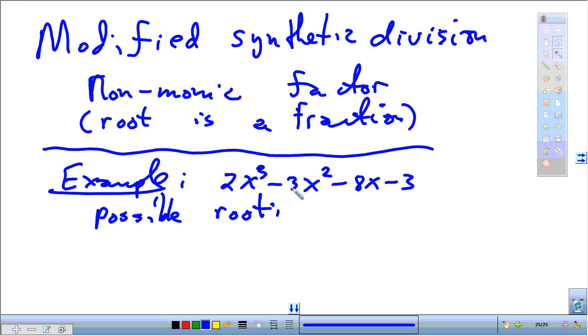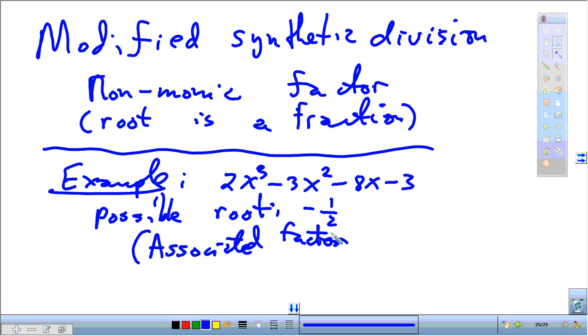So when I listed possible fraction roots or whole number roots, one of the possibilities that came up would have been minus 1 over 2. We're looking at the factor x plus a half.